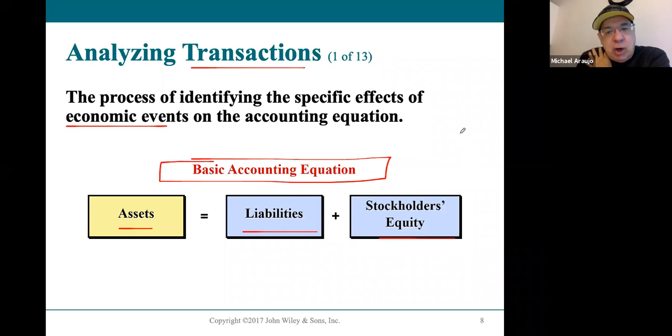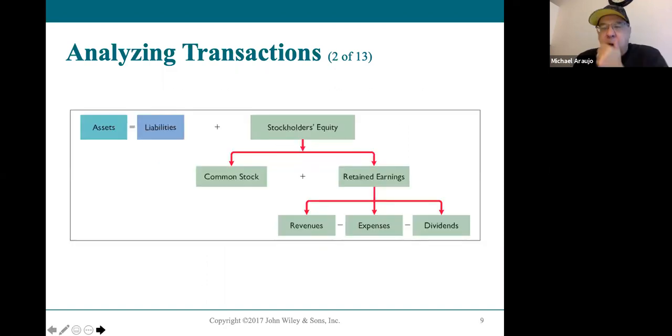We're going to take a quick deep dive into expanding the idea of stockholders' equity and looking at these transactions from a broader perspective. So let's pay attention to how stockholders' equity is broken down.